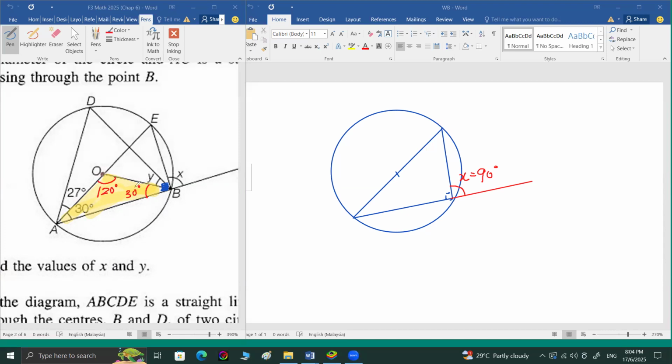After that, can you see the arrow? What do you get for this? 60. Okay, I actually have a few methods, but I teach you one of these first, then later I show you the other one, yeah? So you can use this method to get the angle of y.